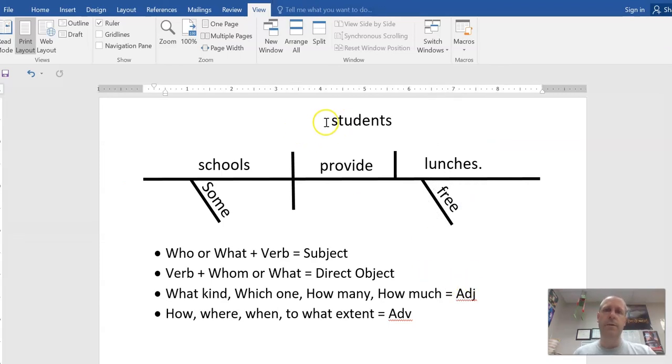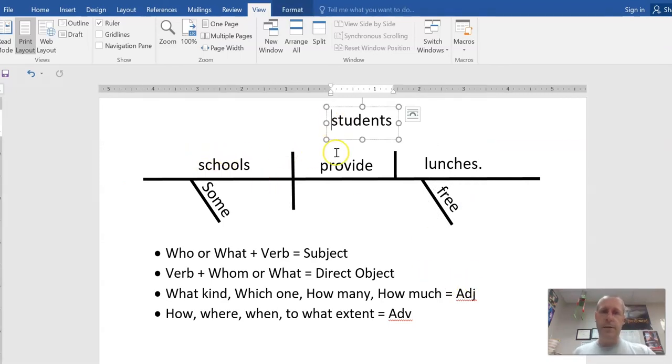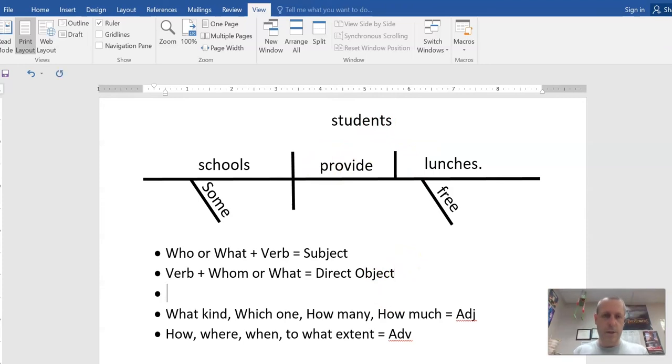And that leaves me with students. Now I've already filled in the subject and direct object spot, so students must be doing something else. And here's a question that I can ask to see if it's acting as my indirect object. I take the direct object, so you have to identify the direct object, plus the question to whom.